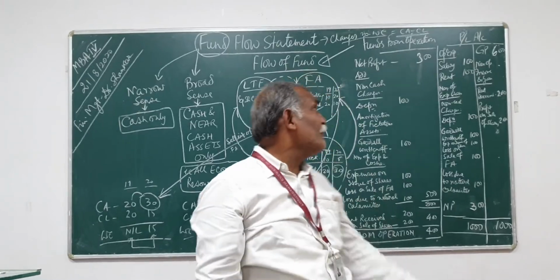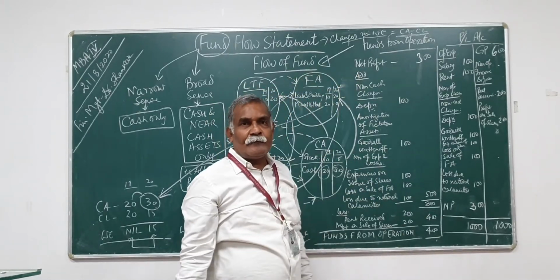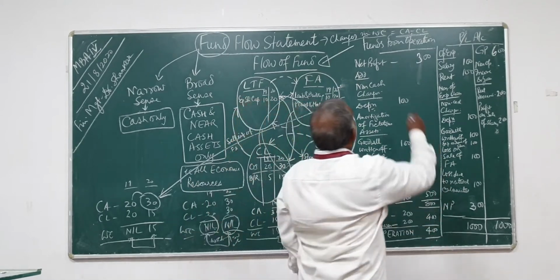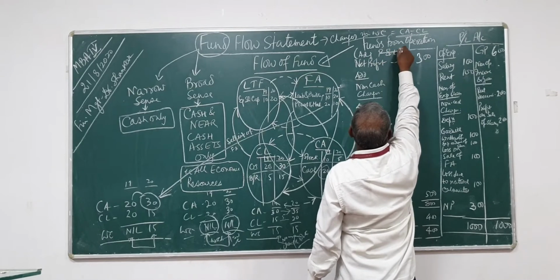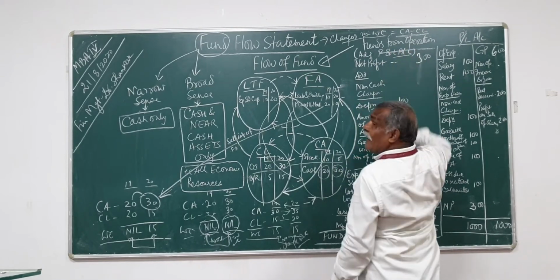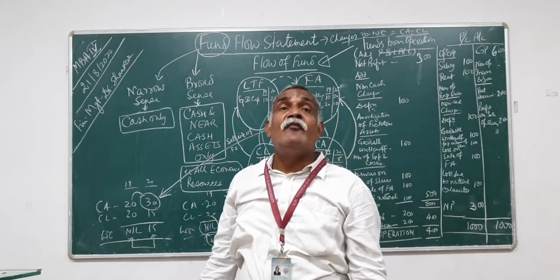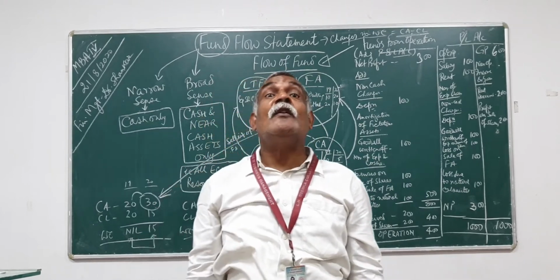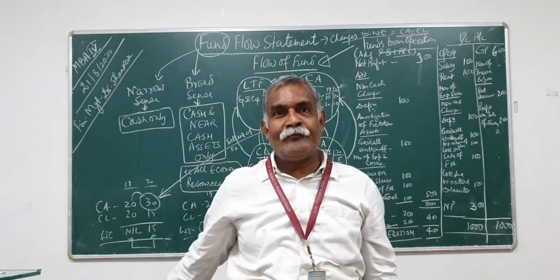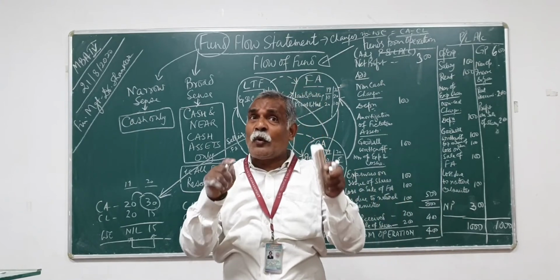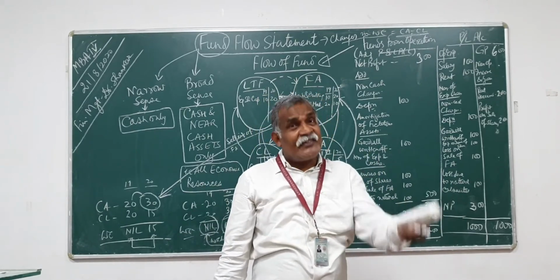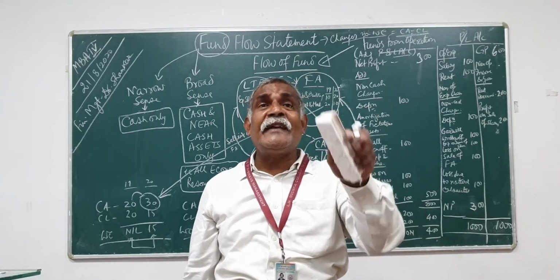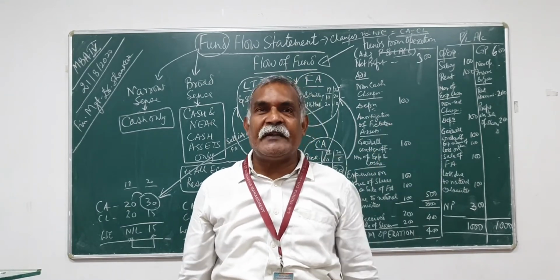Okay, now come to funds from operation. Funds from operation is also known as adjusted profit and loss account. Why? Because we want to know the funds which come from operation only. There are also funds which are non-operating, that is income and gain which is non-operating, expenses and losses which are non-operating.